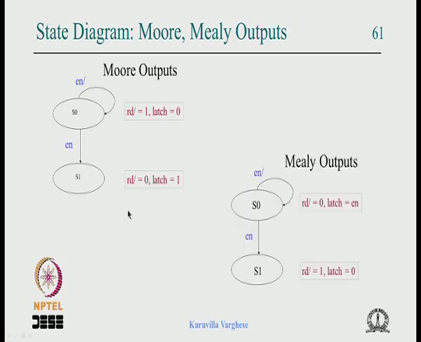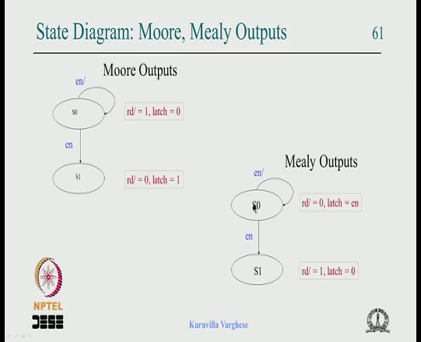In the case of Mealy output, you have this latch as a conditional output. So here you see the FSM is in the state S0, it is waiting for this enable signal to happen, and as long as it remains in this state the latch is 0, because latch is 1 when enable is 1, that's the condition here.